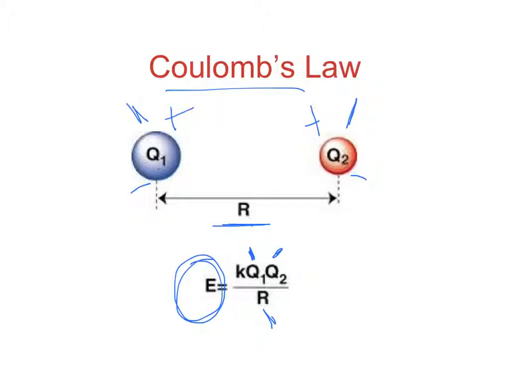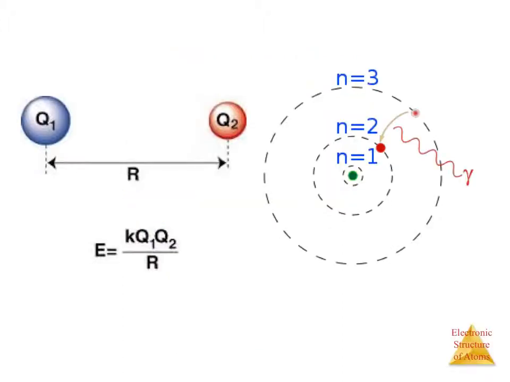So let's take a look at how we might apply this. If we go back and look at this model of the atom, where we have a nucleus with some positive charge, right? And then we have electrons. We might be able to talk about things like, let's say Q1 is the positive charge of the nucleus.